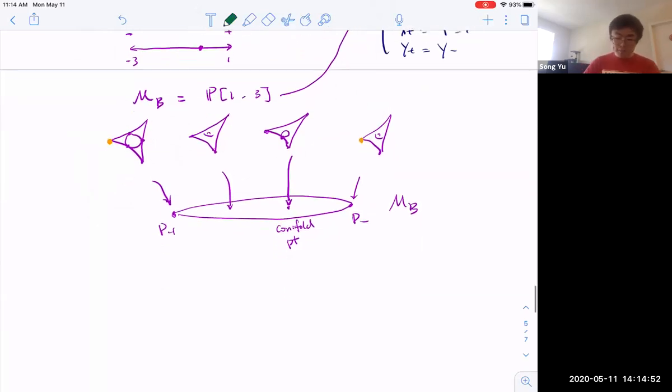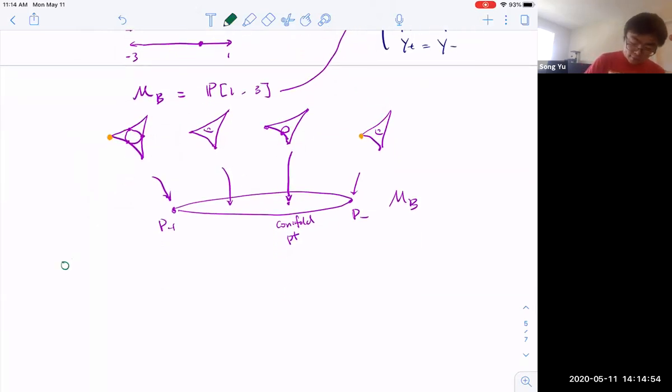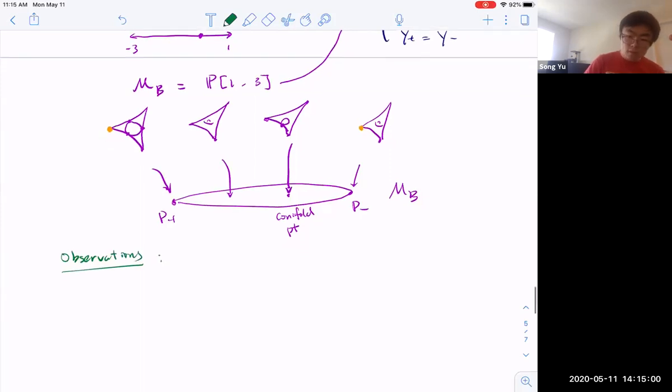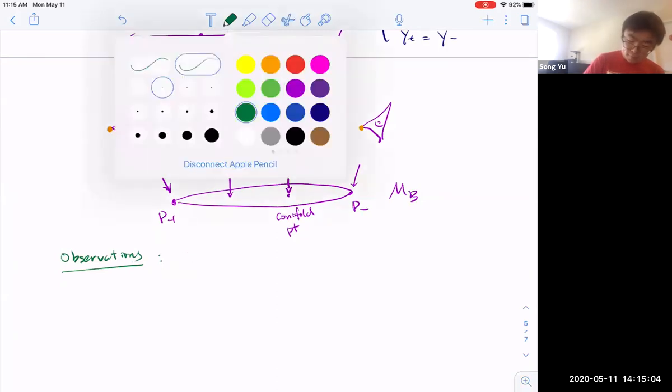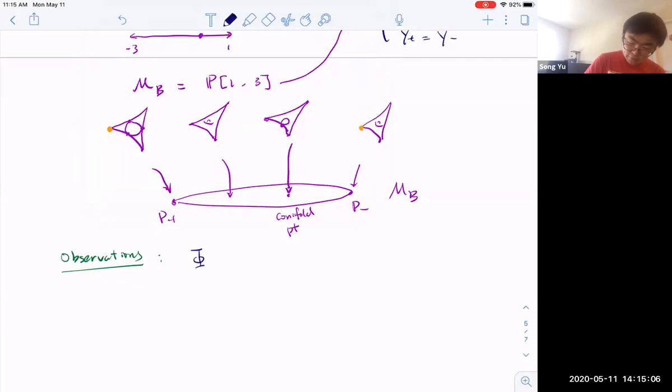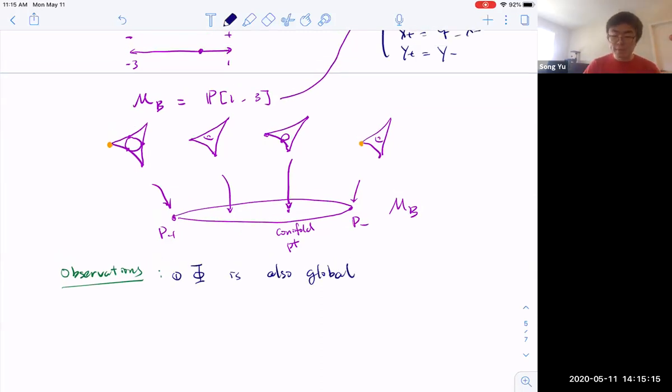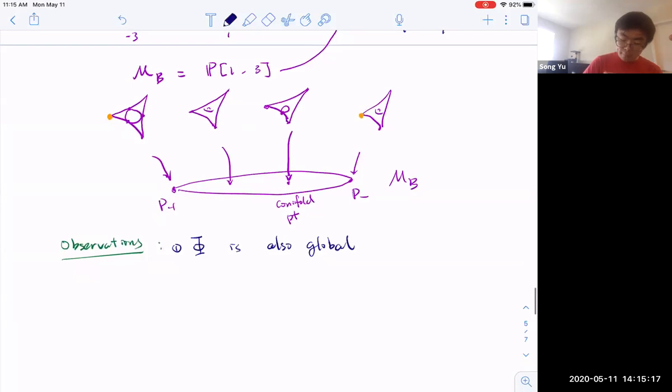Based on this global construction, we have several observations. First of all, this Liouville form phi is also global, just because it's the restriction of an ambient form onto the mirror curve.